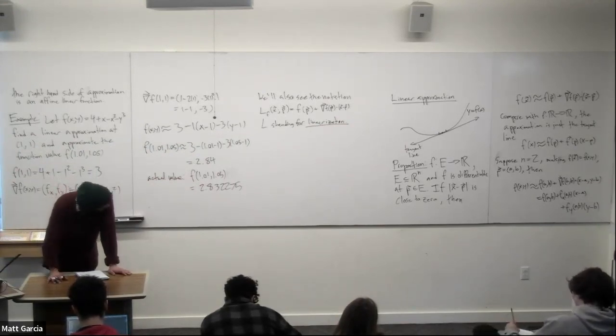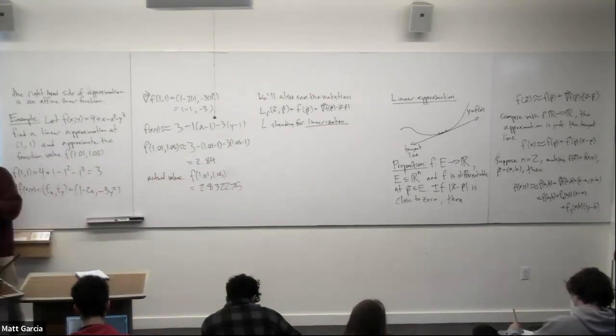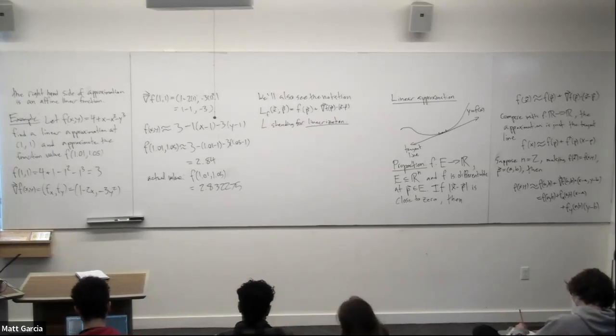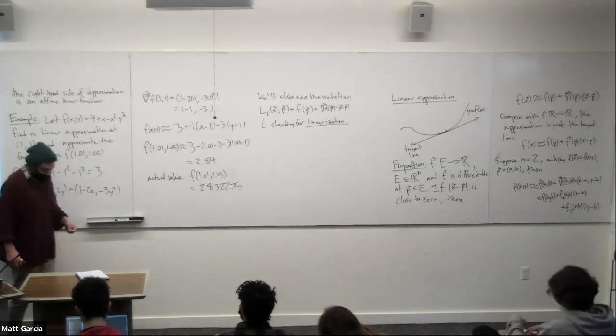Right. So now we are in a position to give a general definition of what it means for the graph of a function of n variables to have a tangent set. We define it using this notion of linearization.